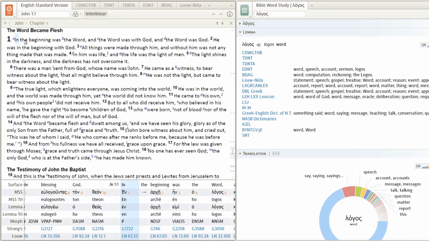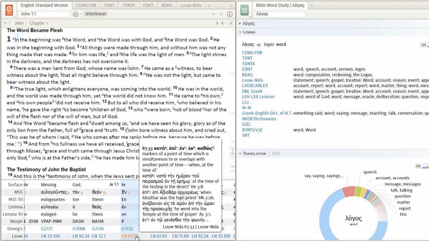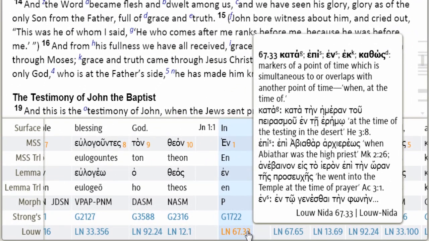And you'll see that this preposition, en, is working with another word, arche, which is translated the beginning. Now, beginning is a reference to time. Beginning isn't an instrument. Beginning isn't a person. Beginning is, as I said, a reference to time. And so, because this word is in relationship with this word, together they indicate the meaning indicated by this Louw-Nida number, markers of a point in time which is simultaneous to or overlaps with another point in time.